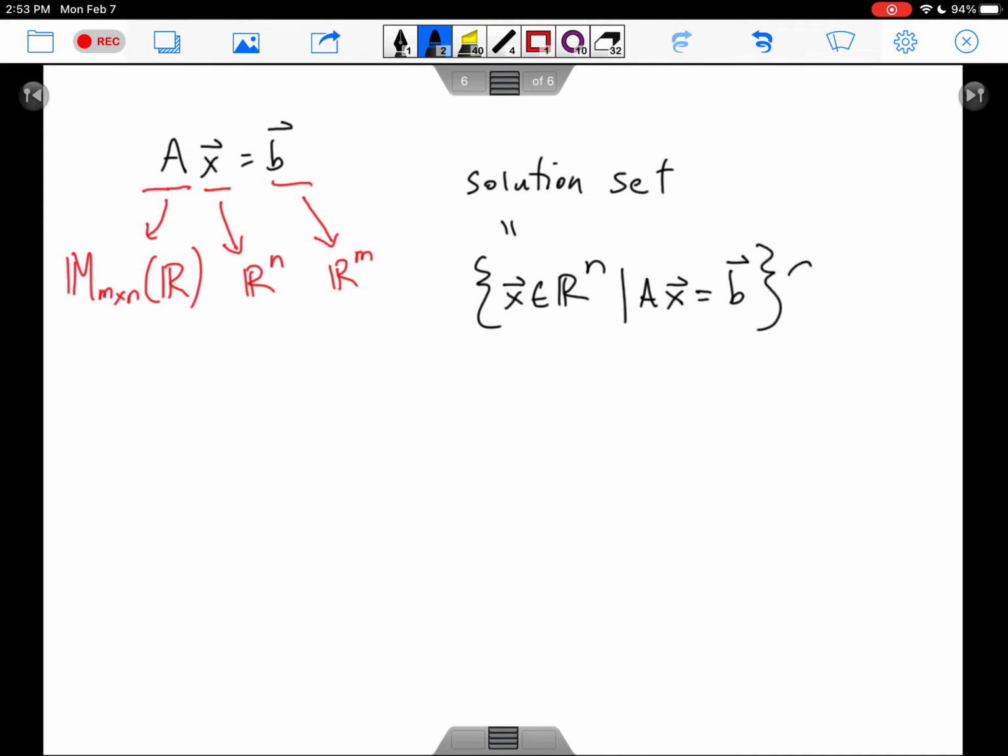This is, of course, a subset of Rn. Okay. I will always be introducing this type of notation to you guys just so you have an idea of how to write it formally.